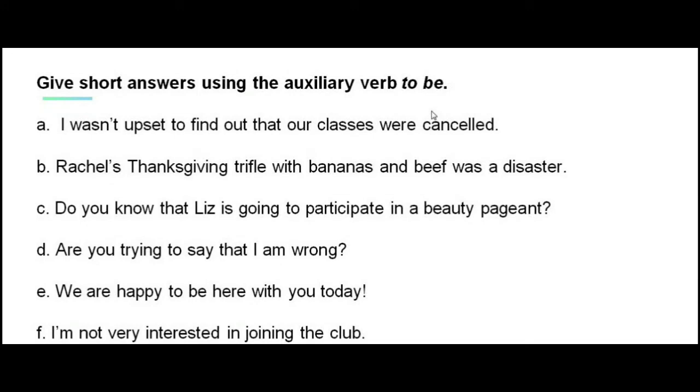Read the following sentences and give short answers using the auxiliary verb to be. A. I wasn't upset to find out that our classes were canceled. B. Rachel's Thanksgiving trifle with bananas and beef was a disaster.